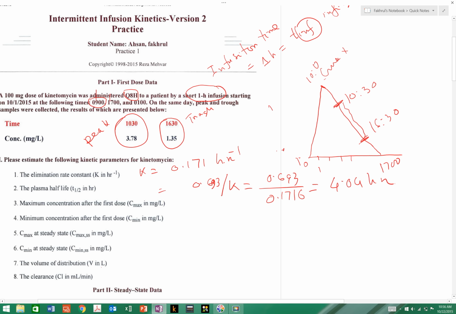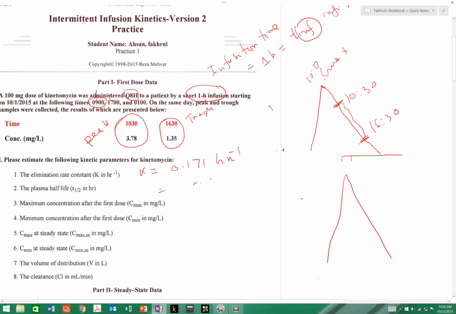Now maximum concentration after the first dose. So again, to calculate maximum concentration after the first dose, we have to make the graph again. So here infusion was started at 9, and you infused for an hour, 1 hour, and then you stopped at 10.